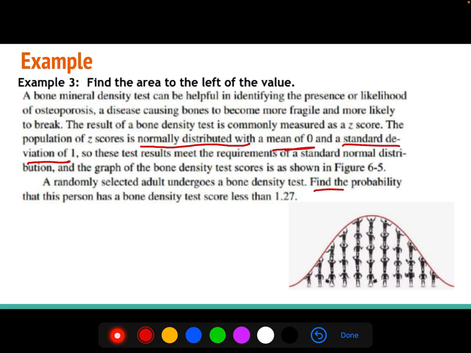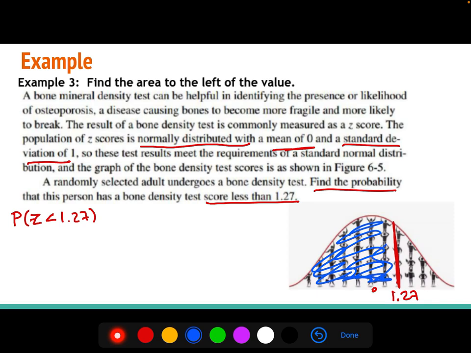A randomly selected adult undergoes a bone density test. Find the probability that this person has a bone density test score less than 1.27. So what we want to know is the probability that this person has a Z-score less than 1.27. Remember, zero's here in the middle, so 1.27 is going to be something like this. There's 1.27.